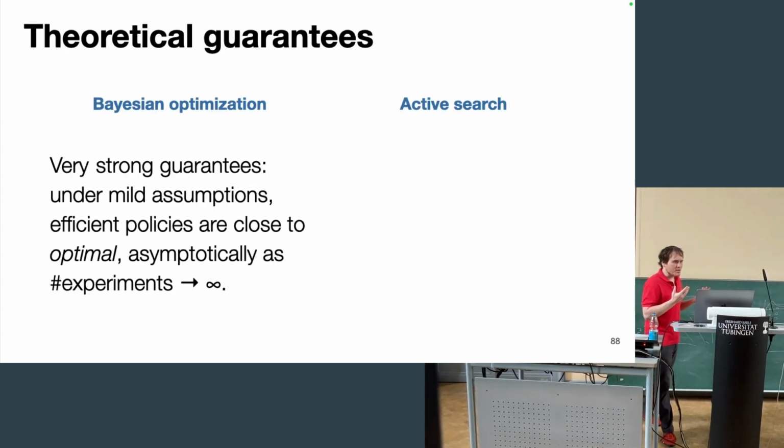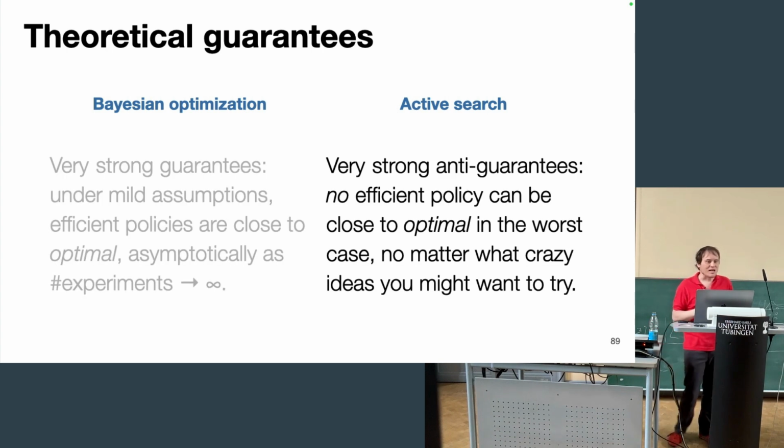Now, to say a little bit about theoretical guarantees, so we saw with Bayesian optimization there's very strong theoretical guarantees. And in fact, there's extremely efficient policies for Bayesian optimization that are asymptotically near optimal in the limit as the number of experiments goes to infinity. It turns out for active search, there's extremely strong anti-guarantees.